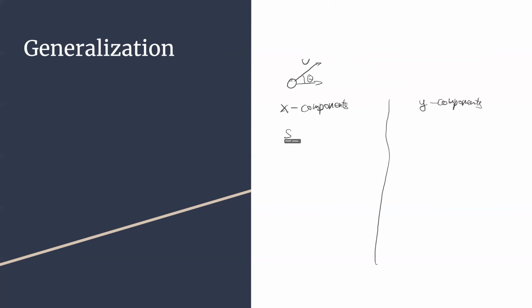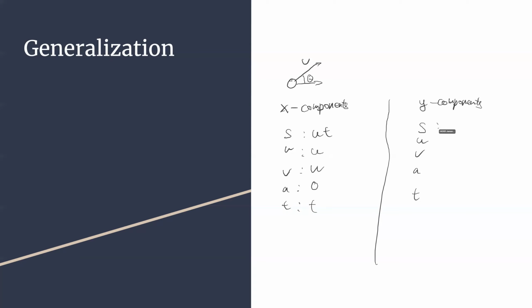SUVAT. And if we're talking about throwing this ball on Earth, we know that there will be no horizontal acceleration. So we know it's 0, and then we can list out, so u is u, v is also u because there's no acceleration. Time is just t, and then s is whatever you want it to be, and in this case it should be ut.